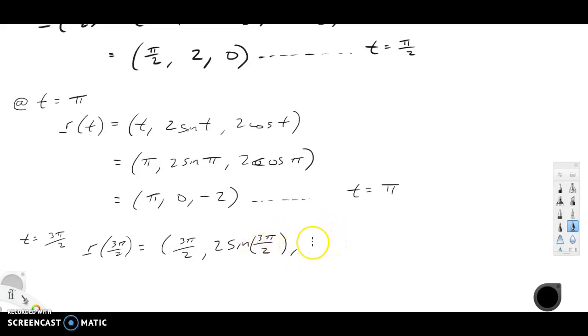the y axis, and 2 times cos 3 pi over 2 on the z axis.